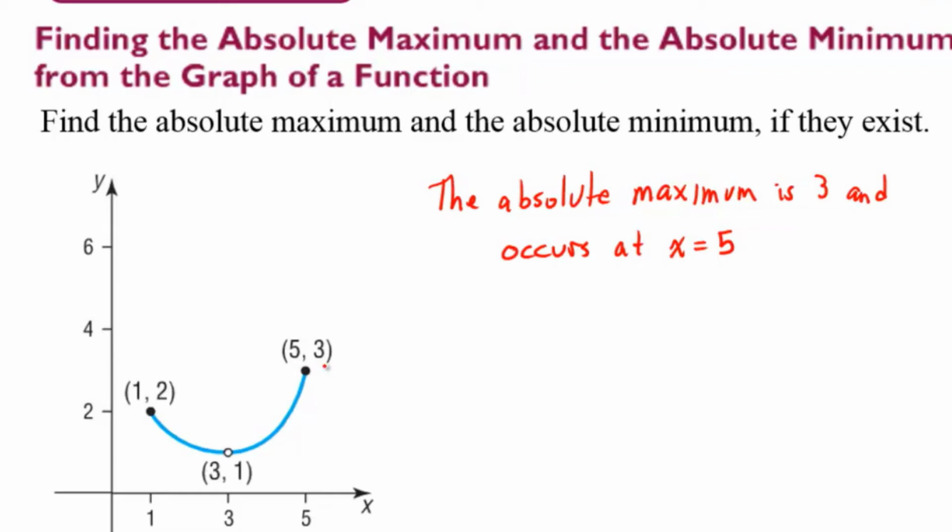The answer to the absolute minimum is a trick because of the open circle that exists at 3, 1. Because there's an open circle at 3, 1, and if that point was closed, it would be the smallest value on the graph. We say there is no absolute minimum.